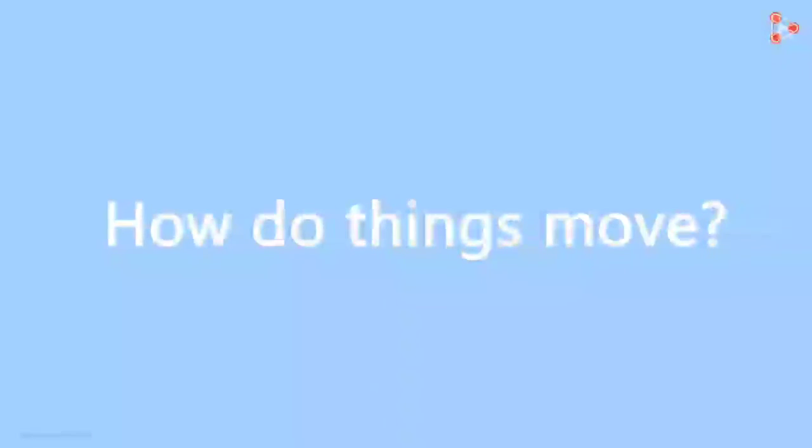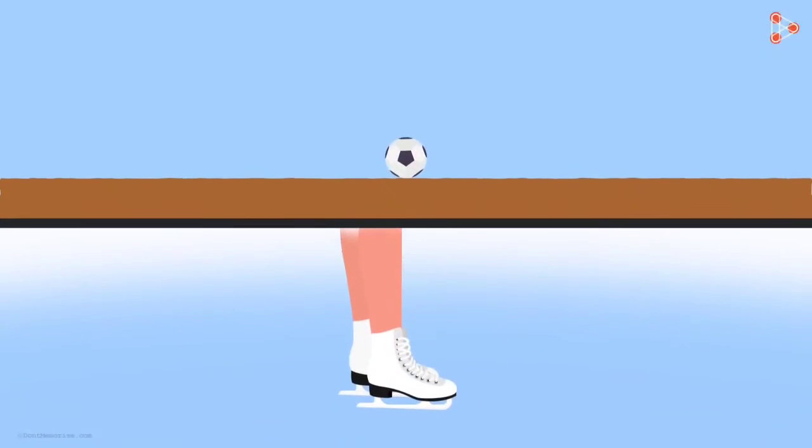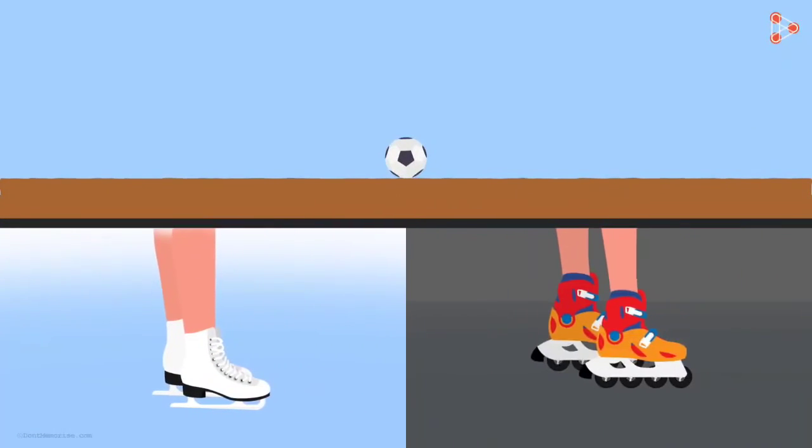How do you think that things are moving in real life? Say a ball is moving on a flat ground and there is no external force acting on it. Will the ball eventually come to rest? Yes, it will. Have you ever wondered why?